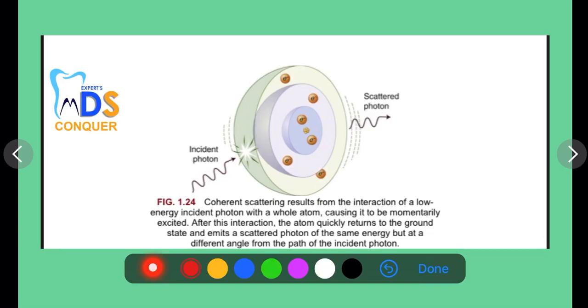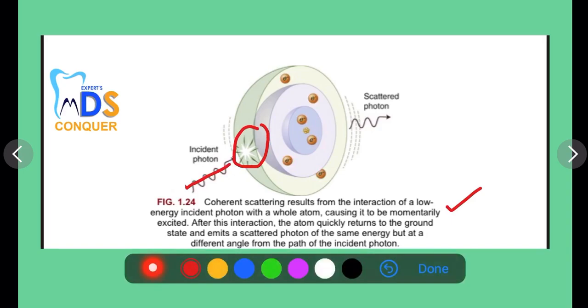As you can see in the diagram, the incident photon, that is the X-ray photon, will hit the outermost electron and momentarily excite it. So first, the incident photon hits the outermost electron of the matter, and the electron is momentarily excited.